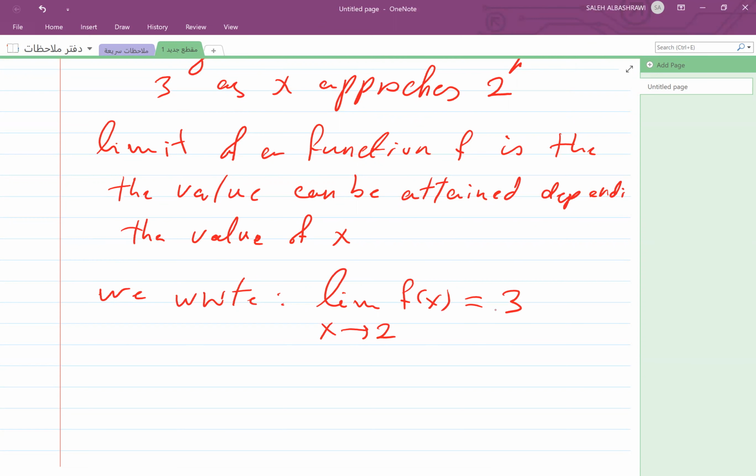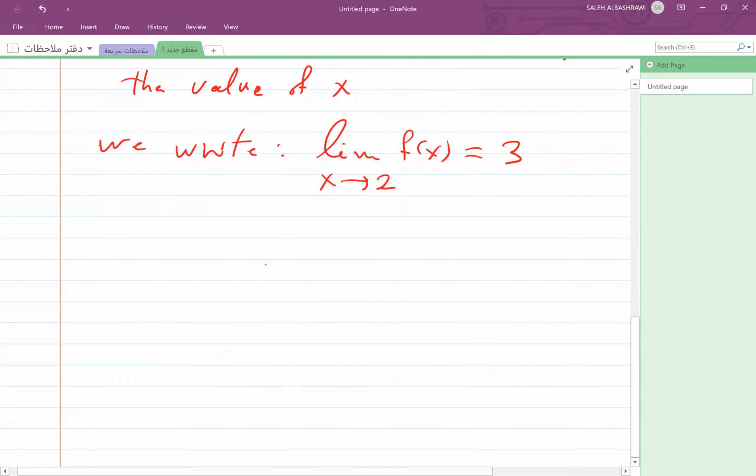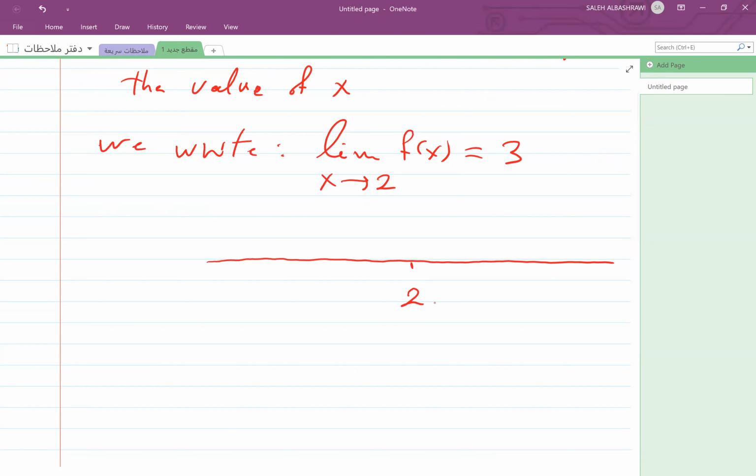Now we will notice one thing here. When we say the limit of the function, when x is approaching the number 2, we know that for approaching the number 2, I have two sides. Either I can approach the number 2 from the left, or I can approach the number 2 from the right.